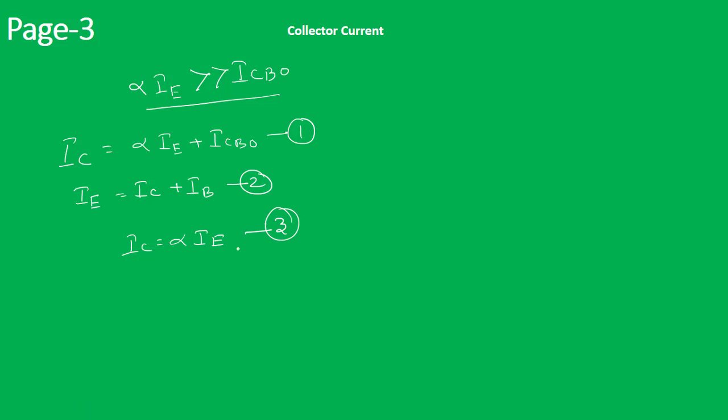Now if we substitute the value of IE in equation 1, we can write IC is equal to alpha into (IC plus IB) plus ICBO.